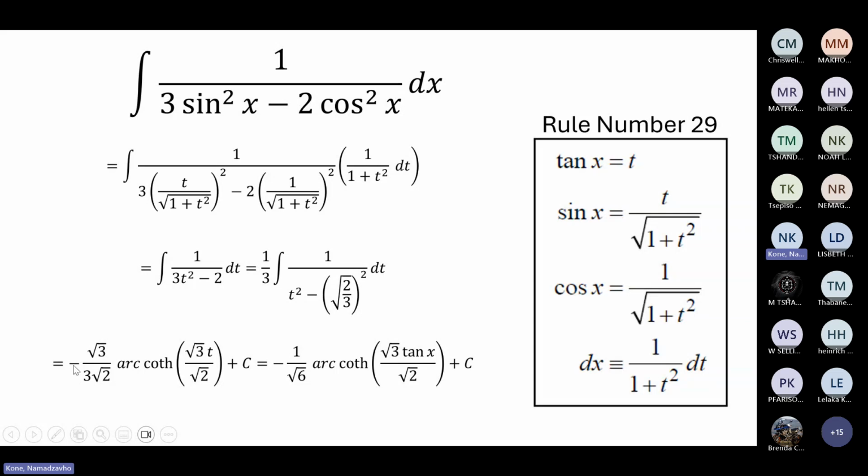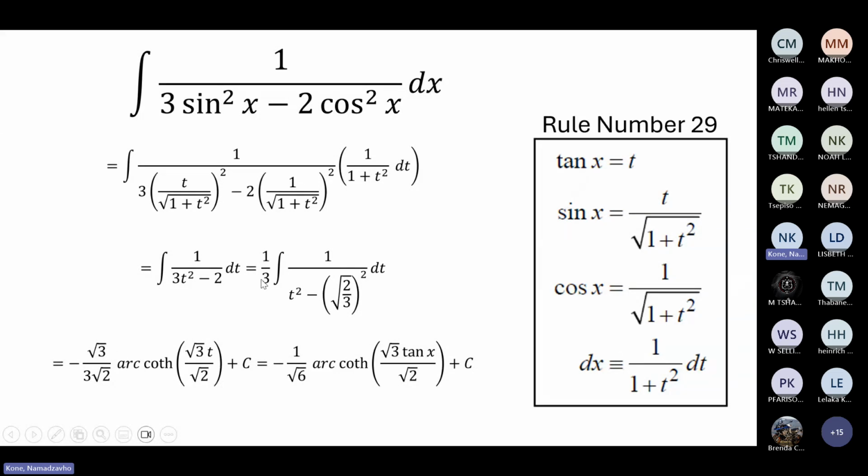So that minus, which is this one, and now our a is square root of 2 over square root of 3. 1/that will be the other way around. It will be square root of 3 over square root of 2, which is this square root of 3 over square root of 2 that you see there. That is your 1/a. And this 3 is the one that was there, 1/3. This negative is the one that is in the rule. So this is your 1/a multiplied by the 1/3 that is there.